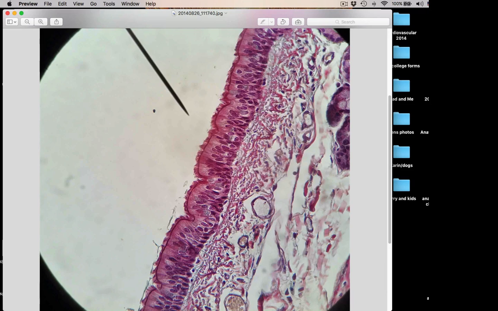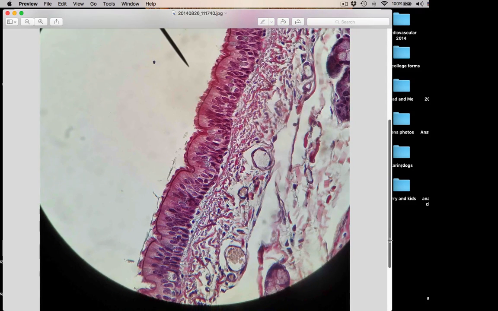And also, this is the connective tissue below, and we said it's the connective tissue that brings oxygen and nutrients to our avascular epithelium. Well, here's a blood vessel. Here's another blood vessel down here. You can see some red, that's red blood cells in the blood vessel.